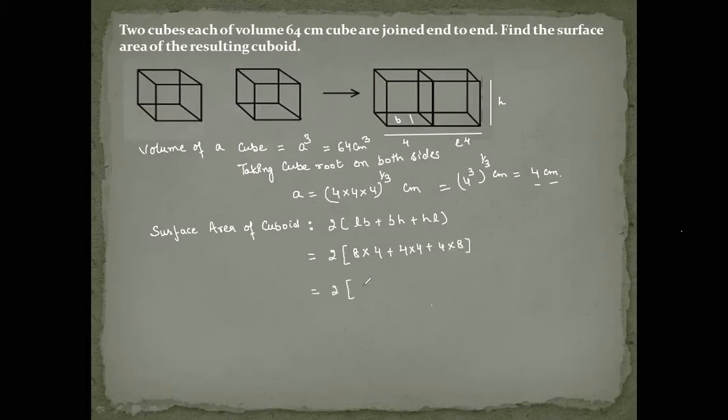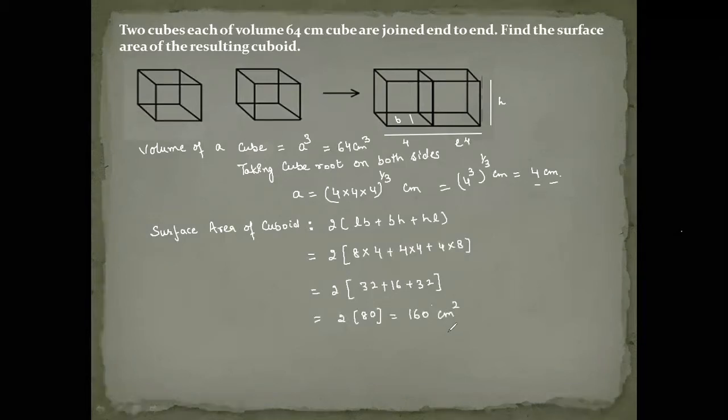8 into 4 is 32, plus 16, plus 32, and just add these values. If we add them, we get 2 into 80, and we get 160 centimeter square.